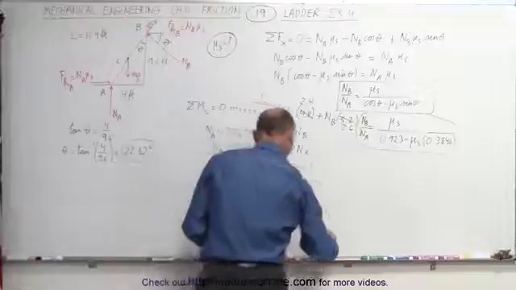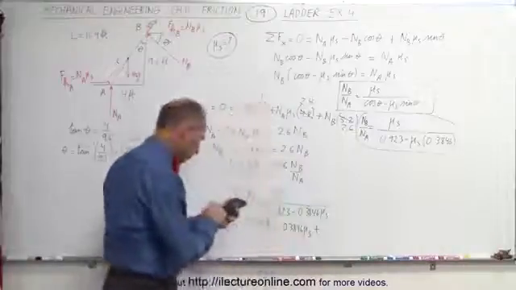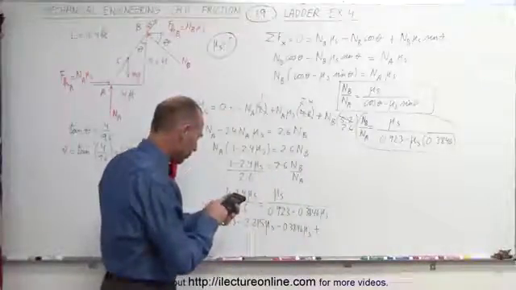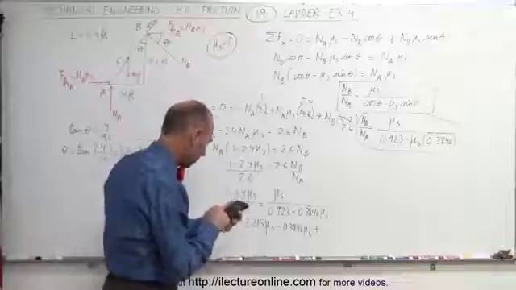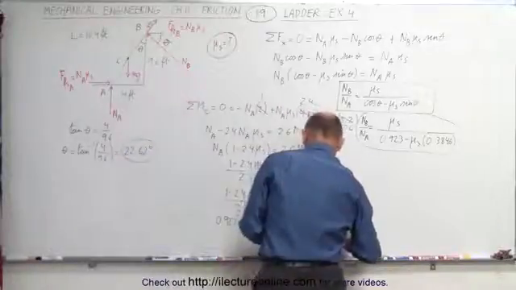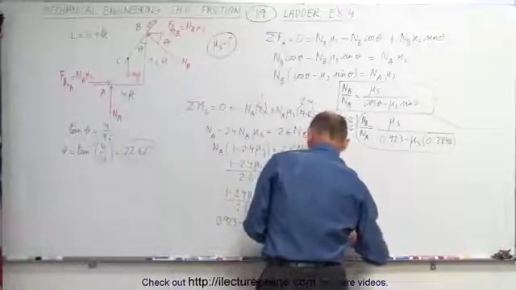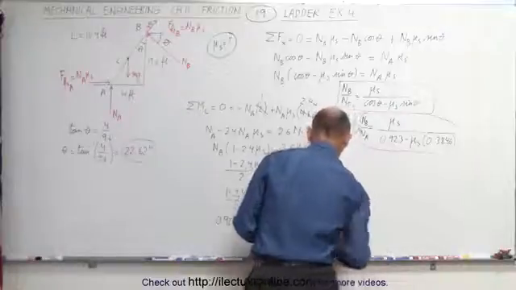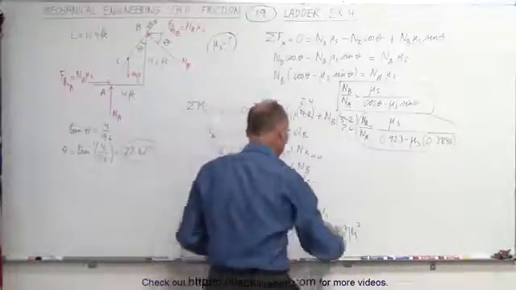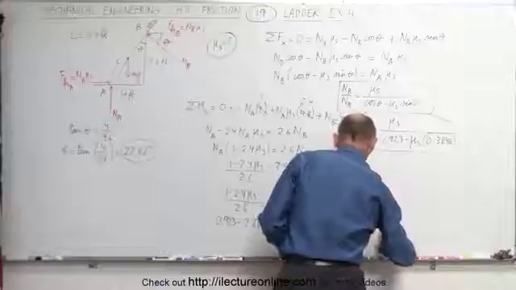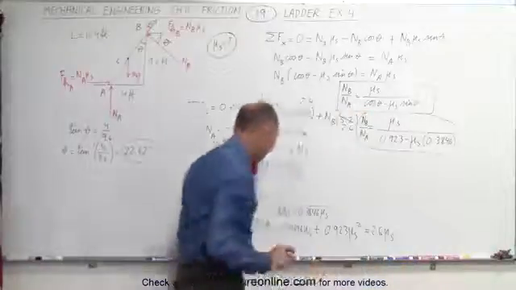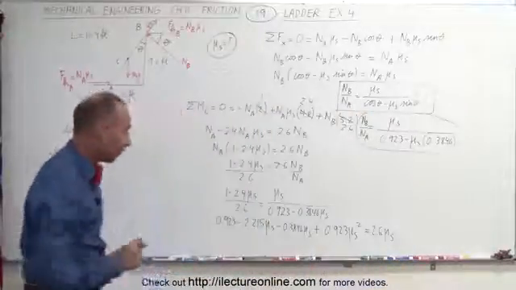And then this times this gives us plus 2.4 times 0.3846. That gives us plus 0.923 mu sub s squared. And multiply that times that equals 2.6 mu sub s. All right, it's becoming more and more like a quadratic equation.